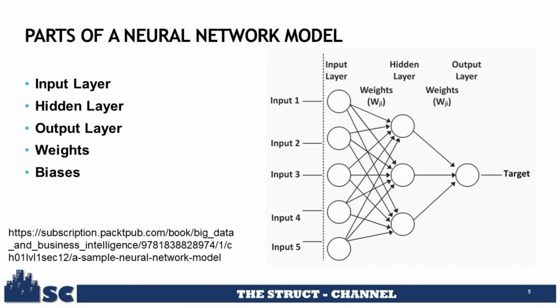It receives the signal from the hidden layer. These three layers are interconnected by the weight, which represents the strength of the signal from each node. The last part is the biases or bias. Bias is a constant that helps the model to have better fit for the data.